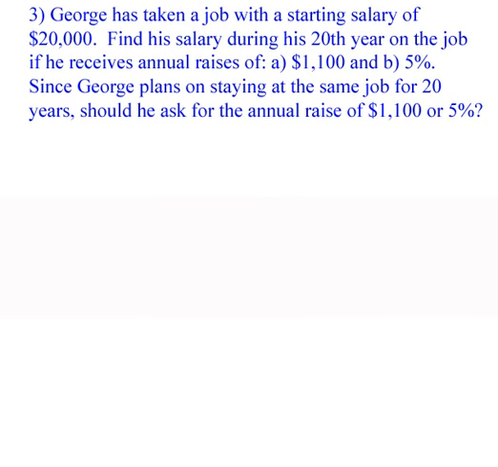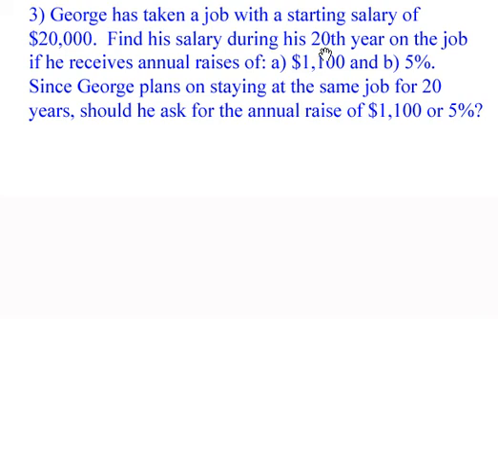What if we have the same situation, starting salary of $20,000, a choice of an annual increase of $1,100 or 5%, but George decides he's going to stay on this job over the long term? He wants to be there for 20 years or more.